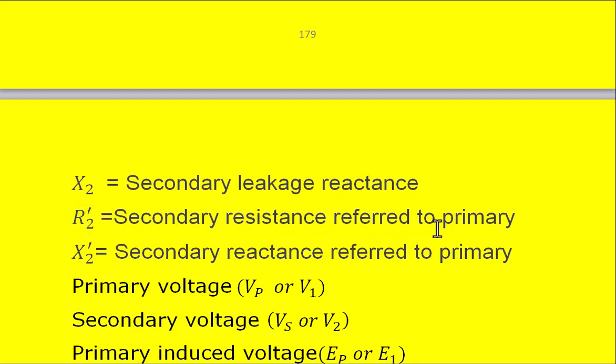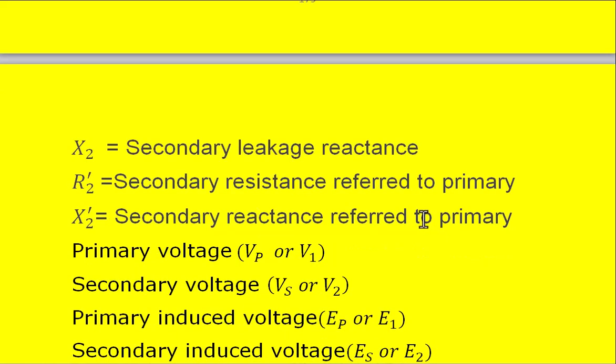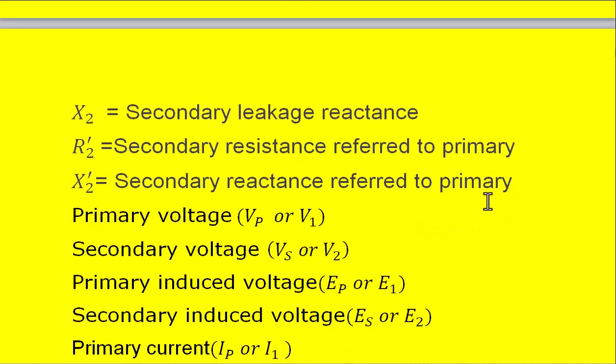X2 is the secondary leakage reactance. R2 dash is the secondary winding resistance referred to primary. X2 dash is the secondary reactance referred to the primary winding.